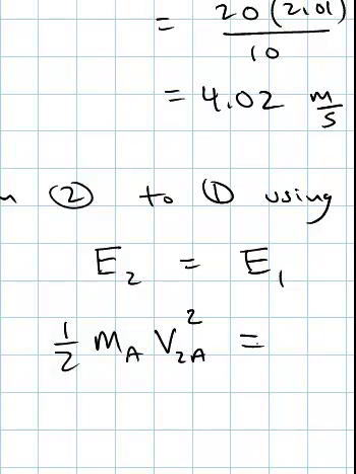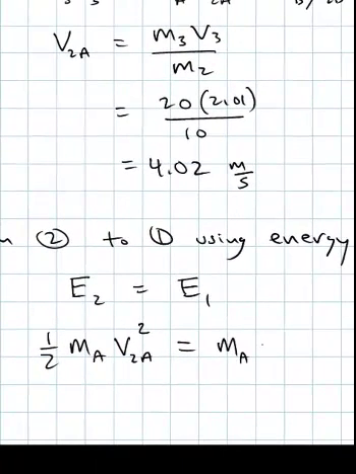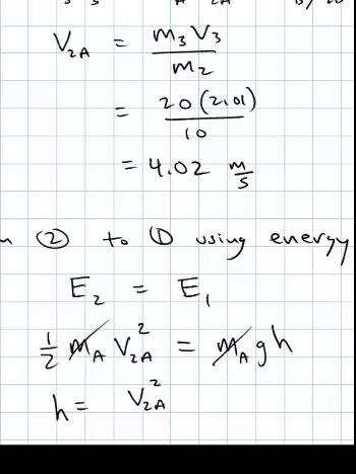And at time 1, mass A is the only thing with energy, and it's gravitational energy. The masses cancel, and we get the height is the velocity squared over 2g. I got 0.825 meters.